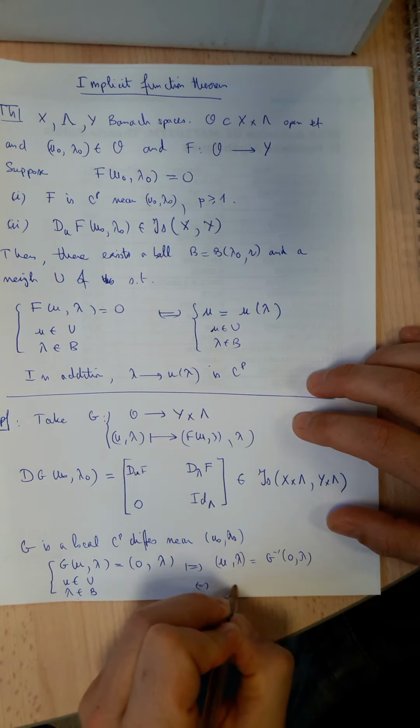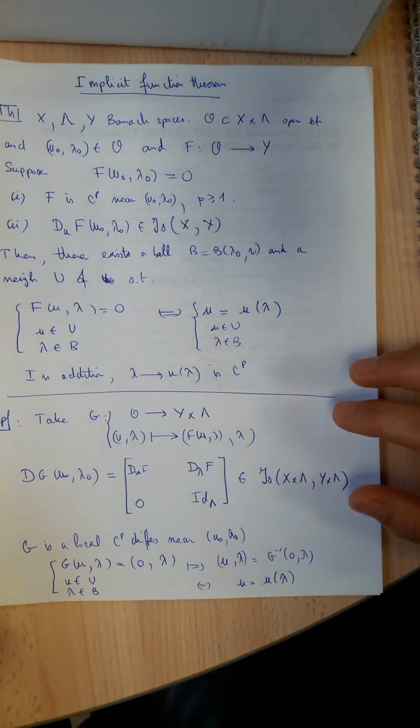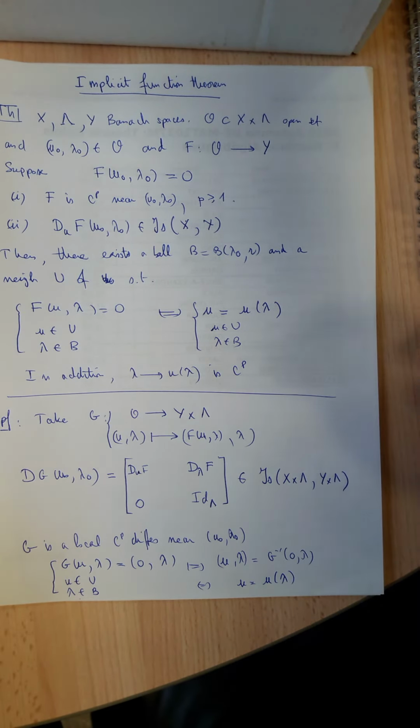And what this says is exactly that u is a curve depending on λ, or a function of λ only, with a C^p dependence to it, as follows from the inverse function theorem.